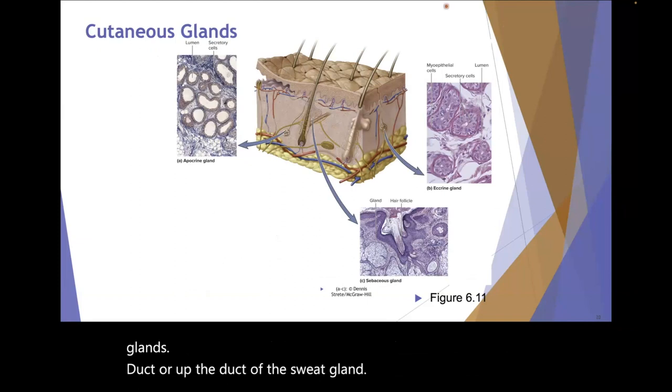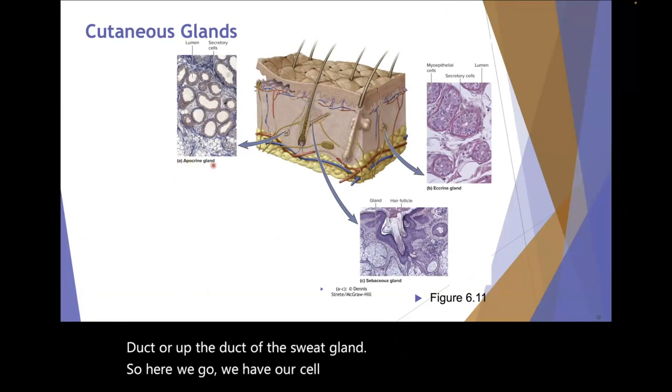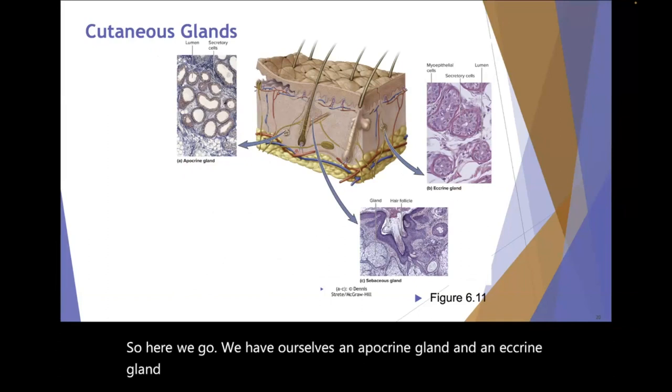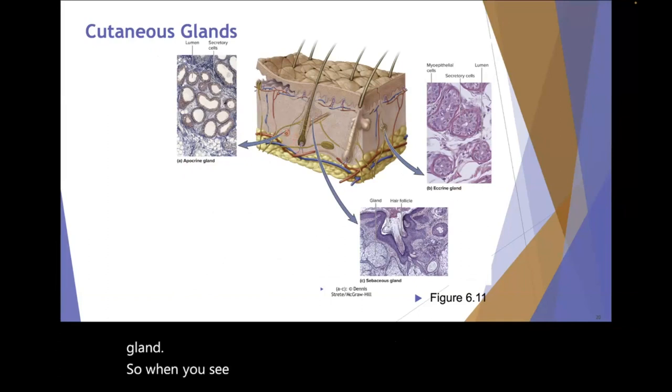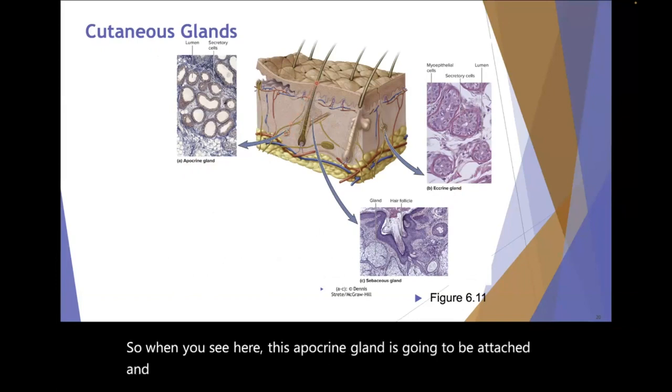So here we have an apocrine gland and an eccrine gland. This apocrine gland is attached, and you can see where it releases out of the hair follicular duct.